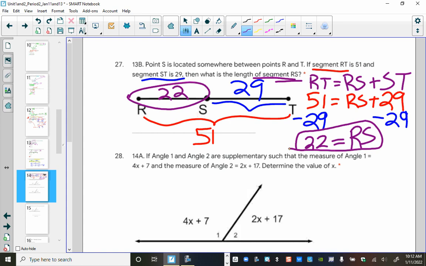All right. Now, the last thing. Supplementary angles. Again, we have two angles that are supplementary. What must they add up to equal? How many degrees? 180.